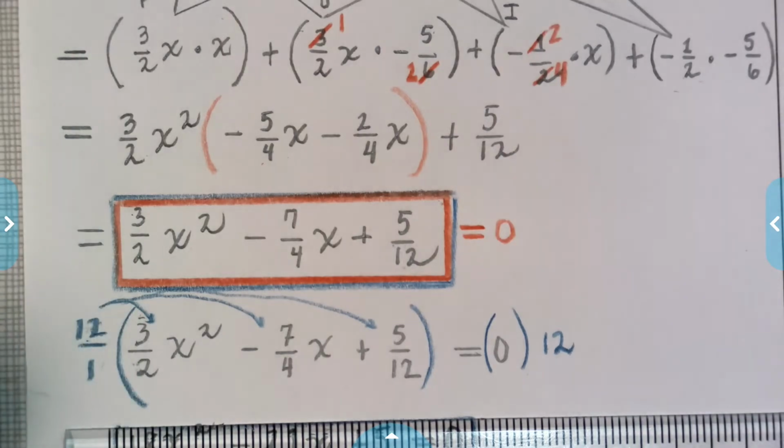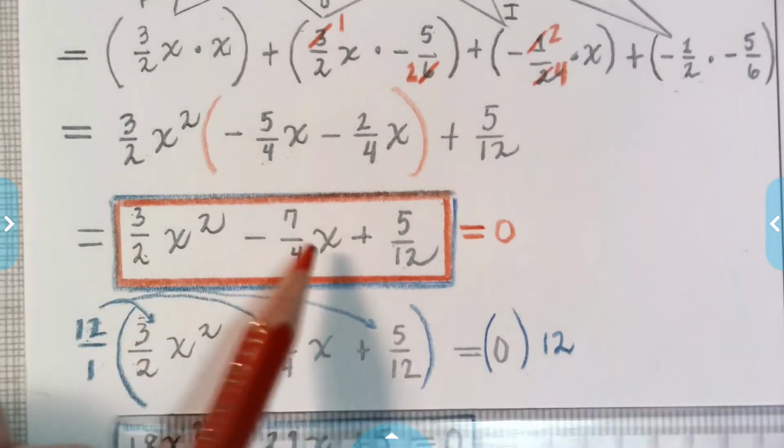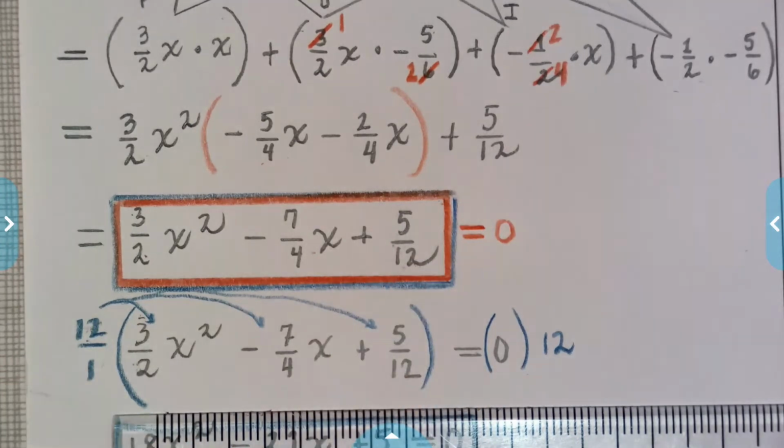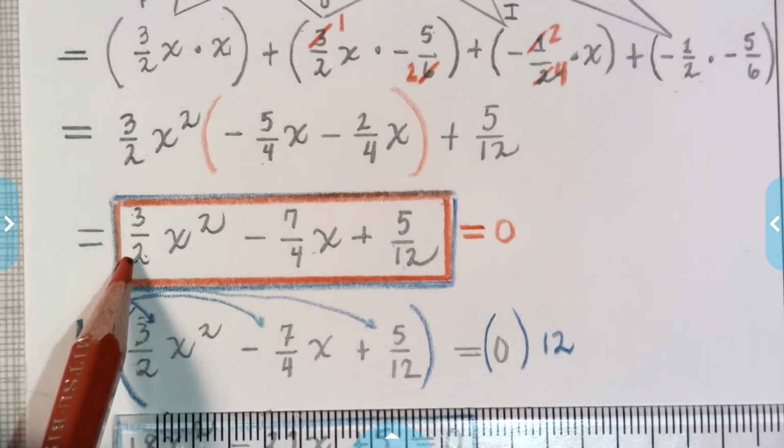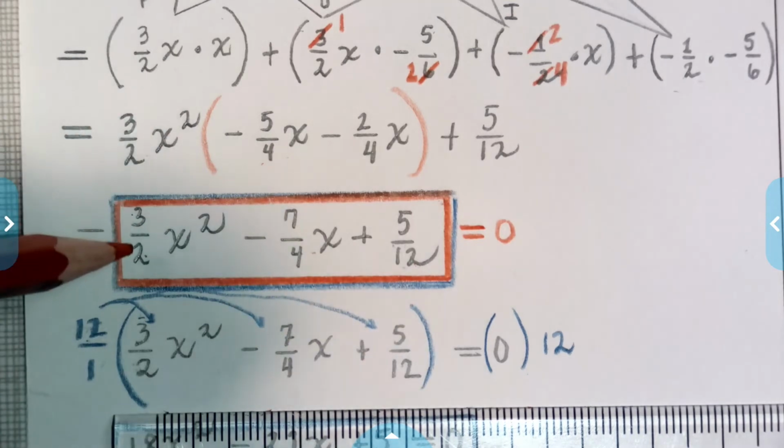Now that I'm looking at it, I'm thinking there is a way to simplify because everything can be divided by 2. Do I want to do that?